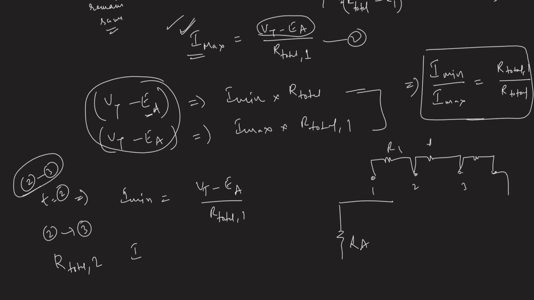So this is R1, R2, R3. So now it is actually connected to 2. Now this is moved to 3. 3 means now R total will be RA plus only R3. Now these two are eliminated.